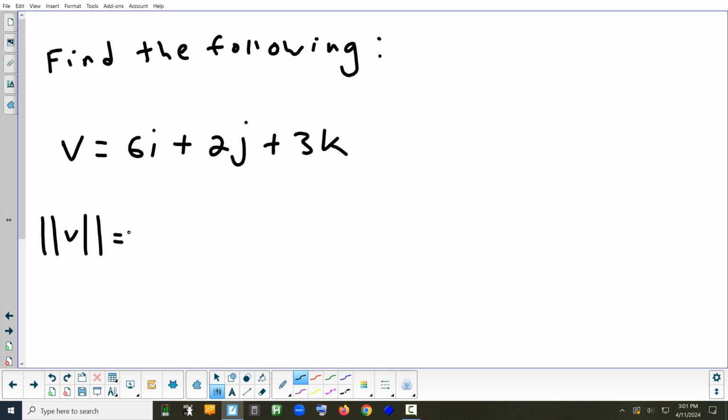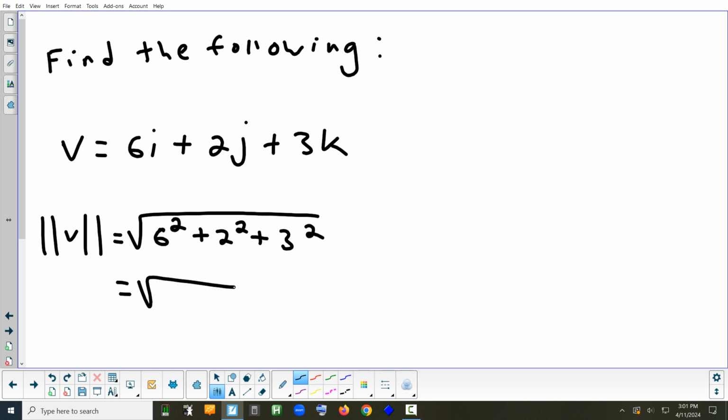You square root everything. Yep, so you're going to start with that square root symbol. And what's the first thing that goes under there? 6. The i, the j, and the k are not part of it. 6 to the second power. Then plus 2 to the second power. And plus 3 to the second power.